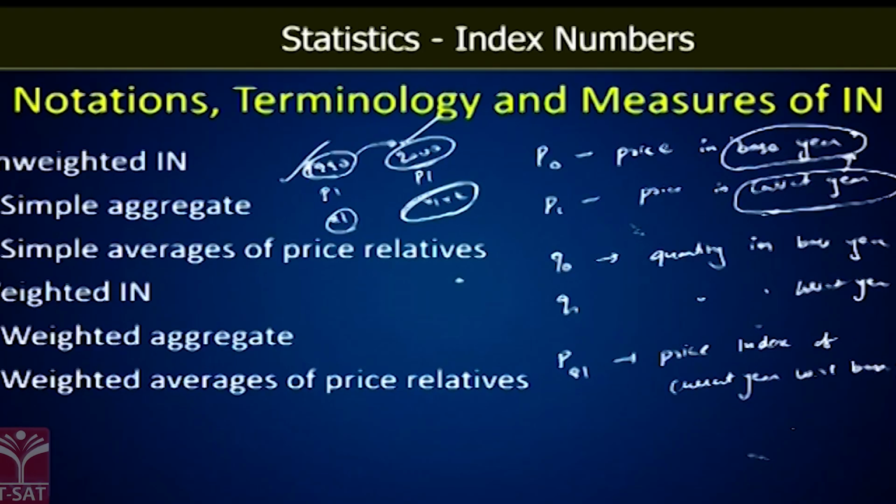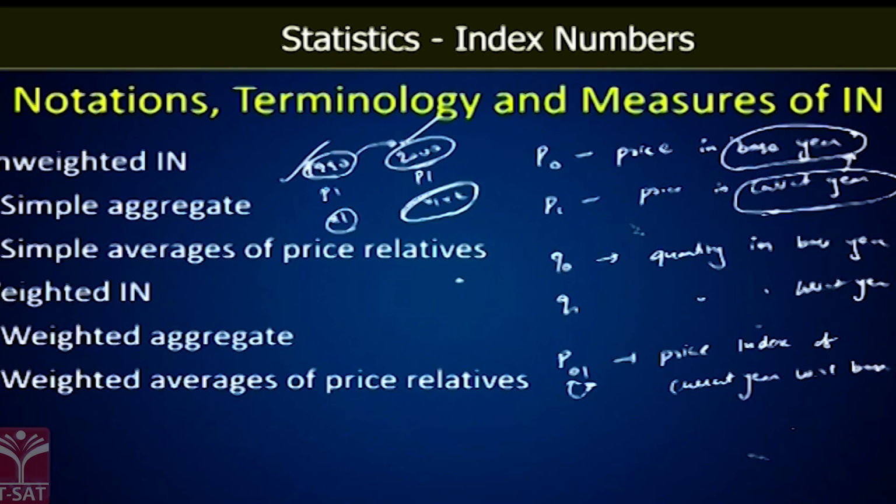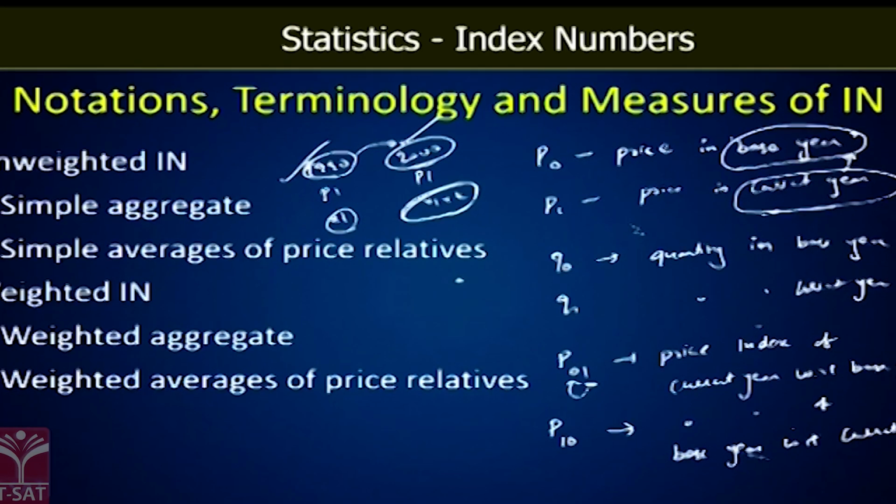See here, the notation is very important. Price index of the current year with respect to the base year. The current year we represent with 1 and the base year we represent with 0. So P01 is the price index of the current year with respect to the base year. Similarly, P10 is the price index of the base year with respect to the current year.